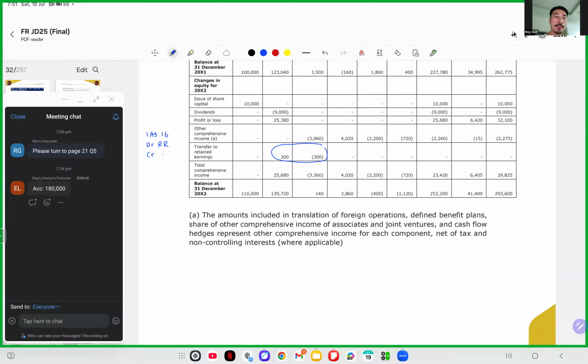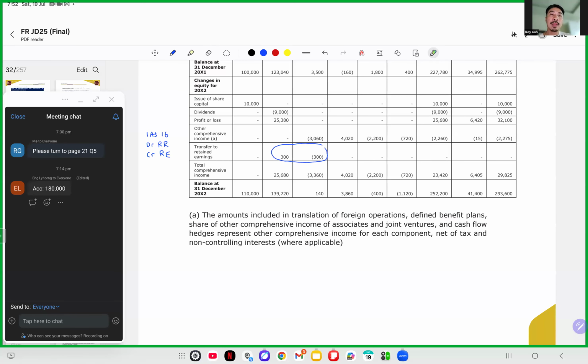You will credit your RE. When you debit RR, you reduce your revaluation reserves. When you credit RE, you increase the retained earnings. Are they the same thing? No. So we call this a transfer from RR to RE. I'll teach you this in IAS 16.